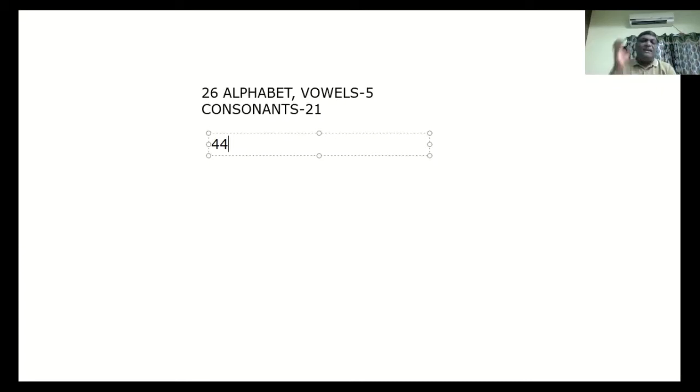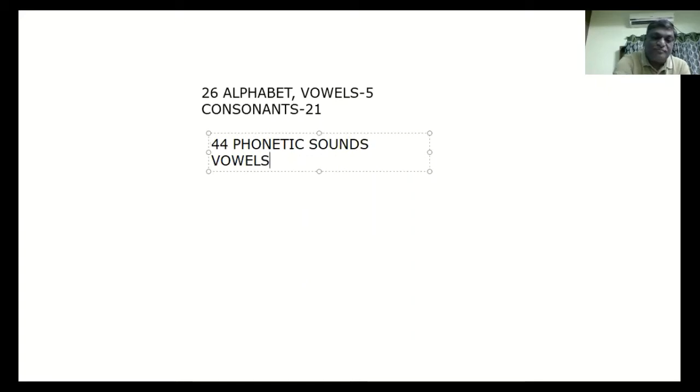That's why they have identified 44 sounds, which are called phonetic sounds. These are divided into vowels, which are 20. You may wonder, sir, there are only 5 vowels, but there are 20 vowel sounds.